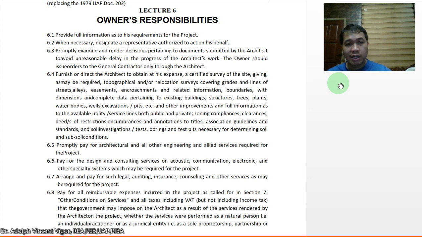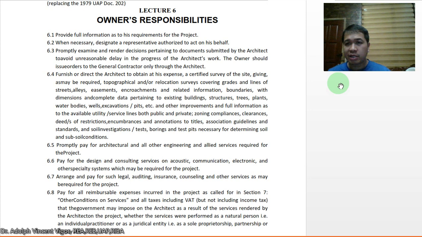Okay? Then, promptly examine and render decisions pertaining to documents submitted by the architect to avoid unreasonable delay in the progress of the architect's work. The owner should issue orders to the general contractor only through the architect. So it is important, guys, that you make the owner understand that decisions, especially in construction, should be prompt so that you'll manage that time frame.